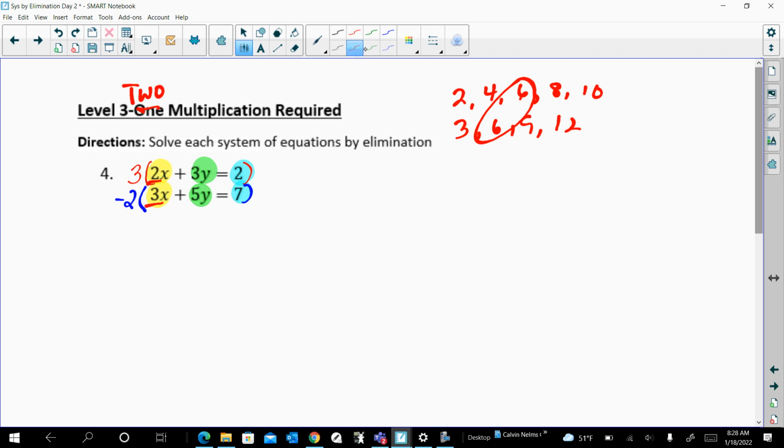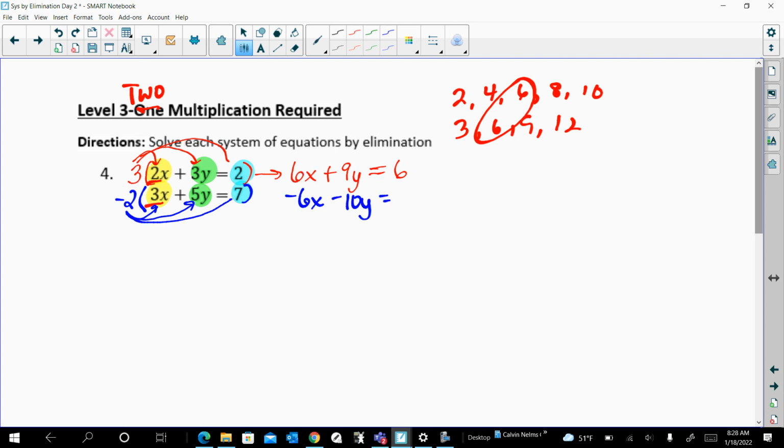We're multiplying everything, so you're going to have to rewrite it here. 3 times 2x, that's 6x. 3 times 3y, that comes plus 9y. And then 3 times 2, so this makes it equal 6. When I do the bottom one, -2 times 3x, -6x. -2 times 5y, -10y.